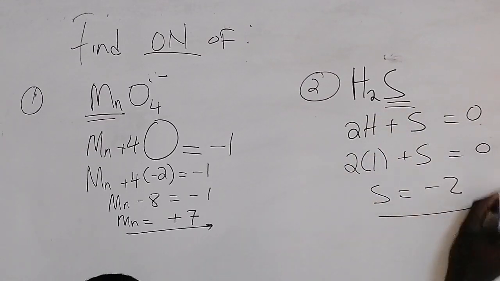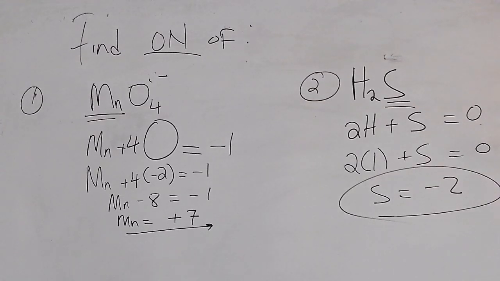So this is how we find the oxidation number of the substances. It is very important, because even when we are going to find the agents, you need to know how to do this, because you cannot find the agents if you don't know how to find the oxidation numbers.